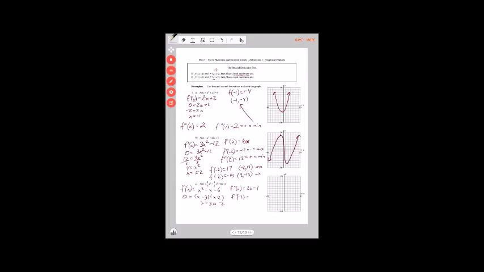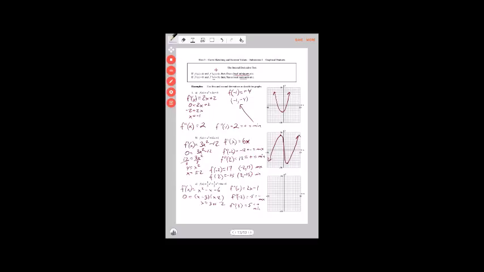So negative 2 times 2 is negative 4, minus 1 is negative 5, which is negative, which means this guy is a max. Then f double prime of 3, 2 times 3 is 6, minus 1 is positive 5, which is positive, which means it's a minimum.